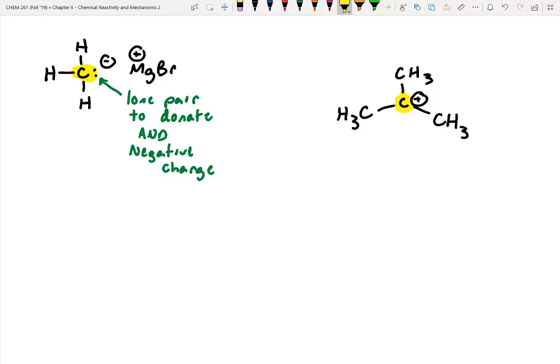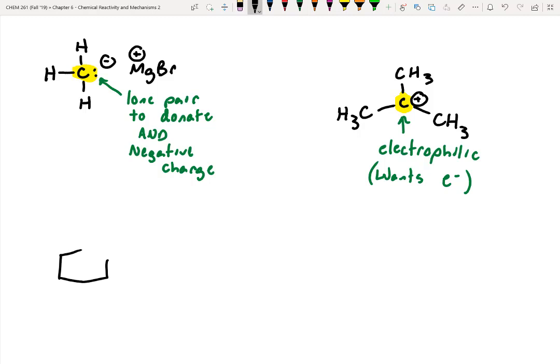Carbon. In this case, it's got a positive charge, so this would be electrophilic. It wants electrons, right? So we can see charge can also play a role in nucleophiles versus electrophiles.